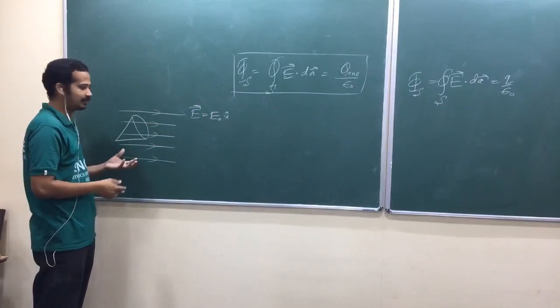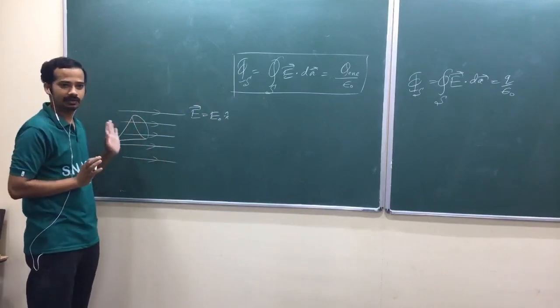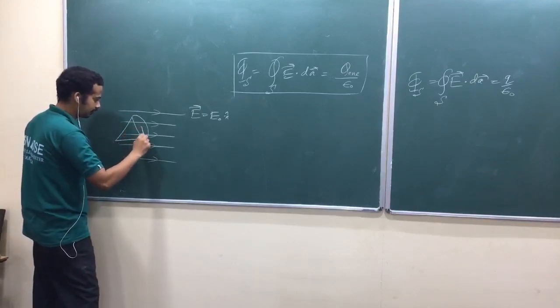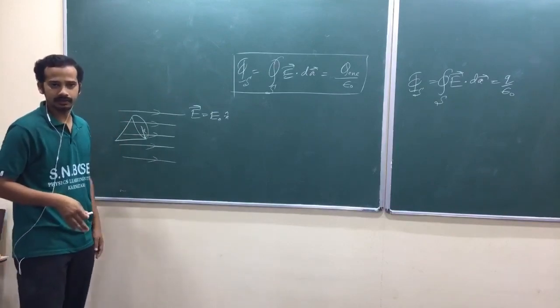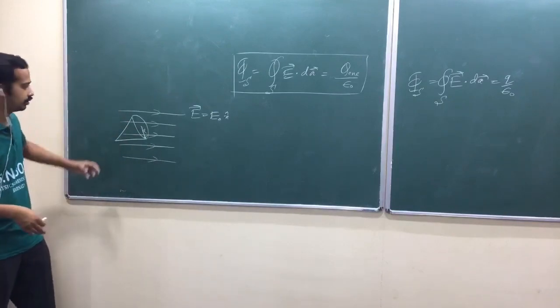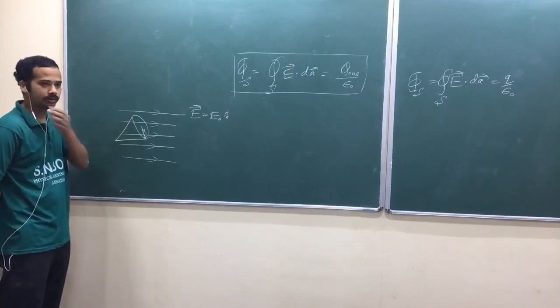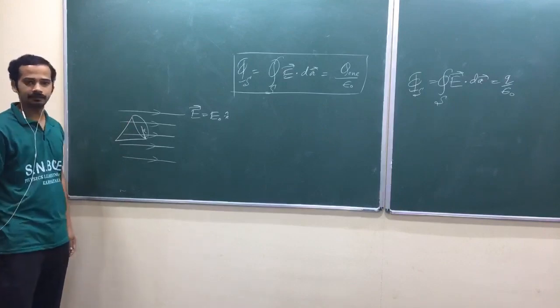Not with the ice cream, okay? A closed surface. This is radius A. The radius of that base is A. A closed conical surface whose base has radius A.